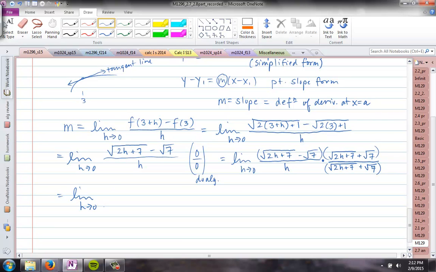So expanding the top, I get 2h plus 7 from the square root squared, so that's going to simplify, and then we're going to have plus square root of 7 times the square root of 2h plus 7 minus the square root of 7 times the square root of 2h plus 7, and then finally we have minus square root of 7 squared. That's going to simplify a lot.